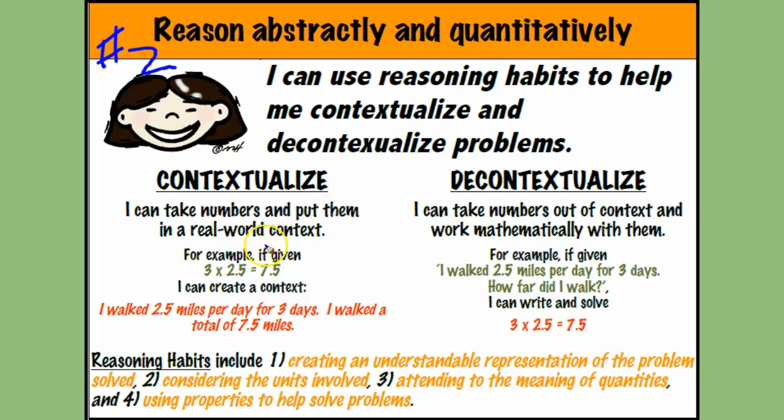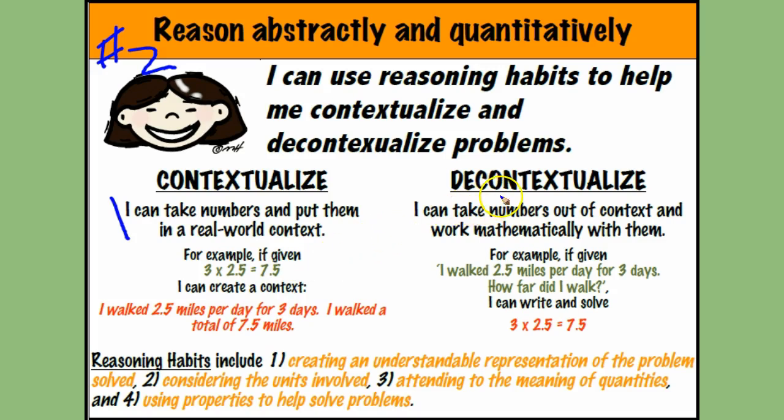Contextualize: I can take numbers and put them in a real-world context. Here they have an example: I walked 3 days for 2.5 miles. I wish they would have put it in order, or I walked 3 miles for 2.5 days. So I just switched that around. It doesn't matter there.